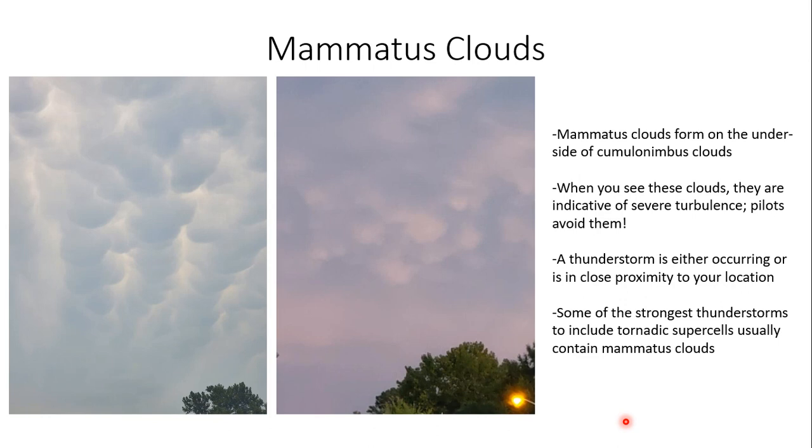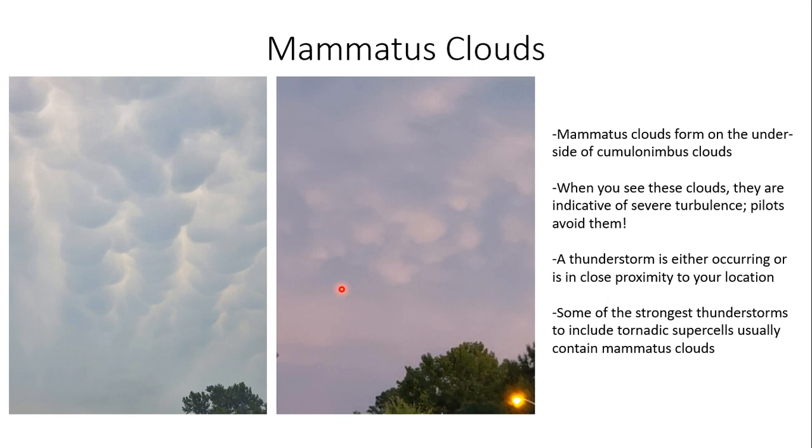Another special type of cloud that's really important is what's known as mammatus clouds. These generally form on the underside of thunderstorm clouds, these cumulonimbus. Now, these are two actual photos I took over southeastern Virginia. When you see these clouds, they are indicative of severe turbulence, first of all.